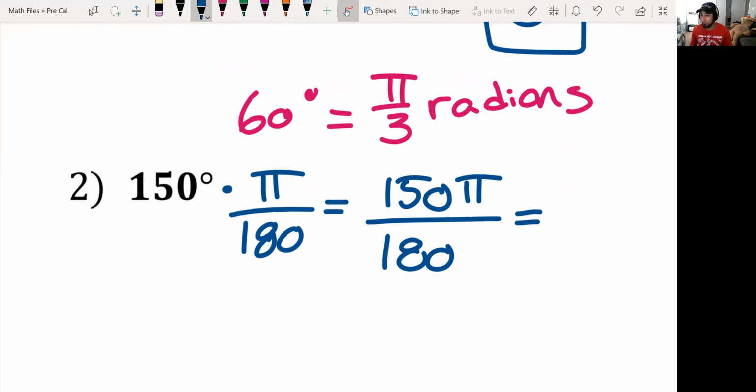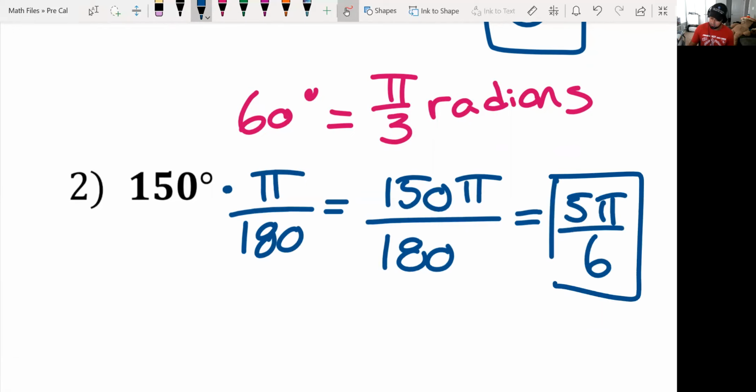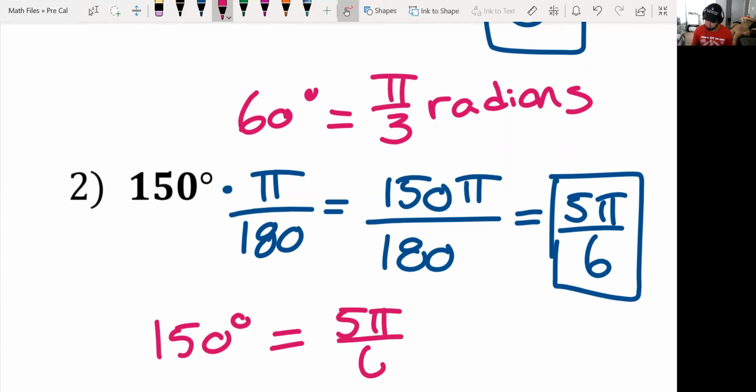I think if you took 30 out, you would get 5 pi over 6. Which again, we can say 150 degrees is the same as 5 pi over 6 radians.